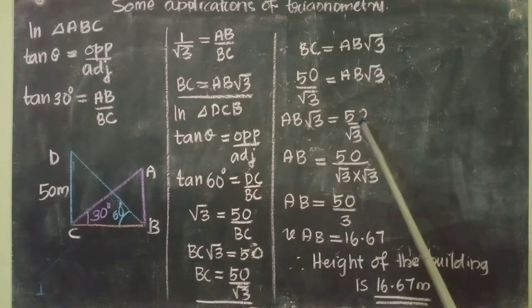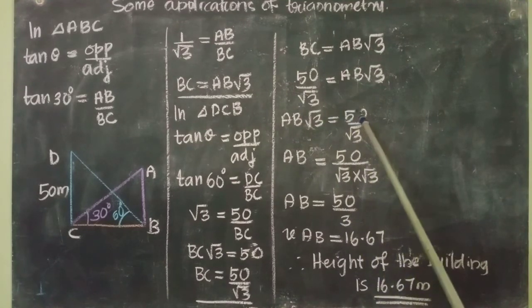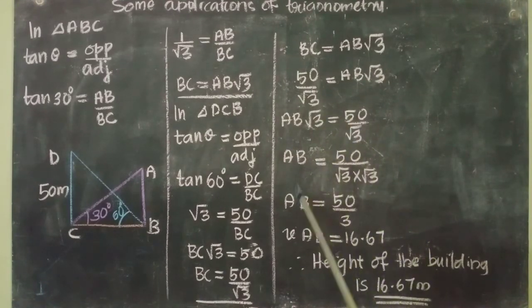Changing the sides, we get AB root 3 equals 50 by root 3. Take this root 3 to the right side. We get AB equals 50 by root 3 into root 3. That is, AB equals 50 by 3.